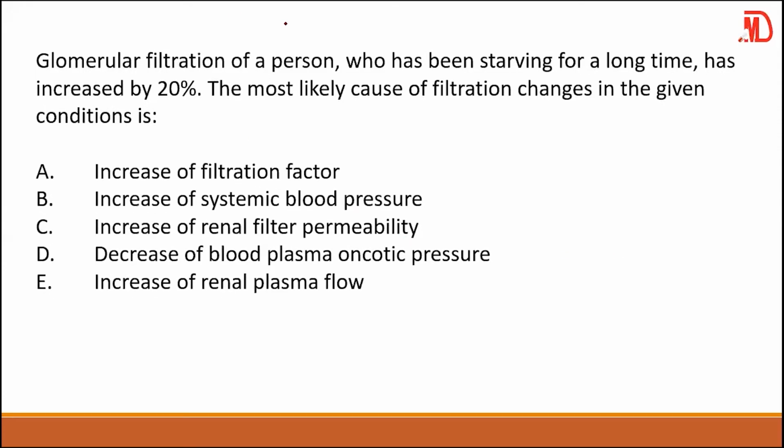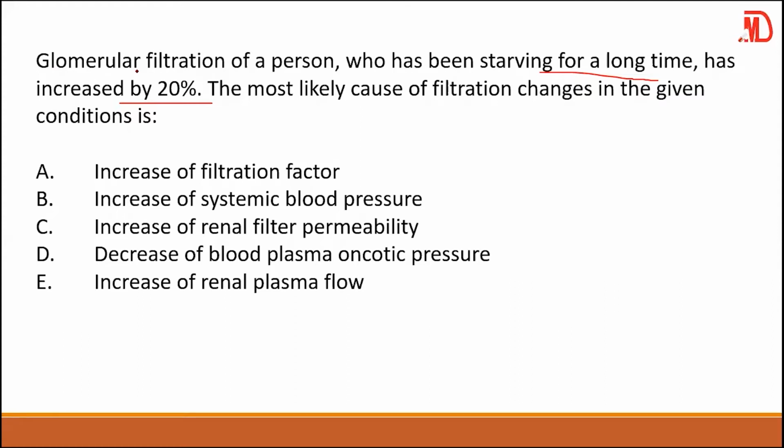Glomerular filtration of a person who has been starving for a long time has increased by 20%. Glomerular filtration means the ability for urine to be filtered. They say that the person who has been starving, that means no eating or fasting, let me put it that way.